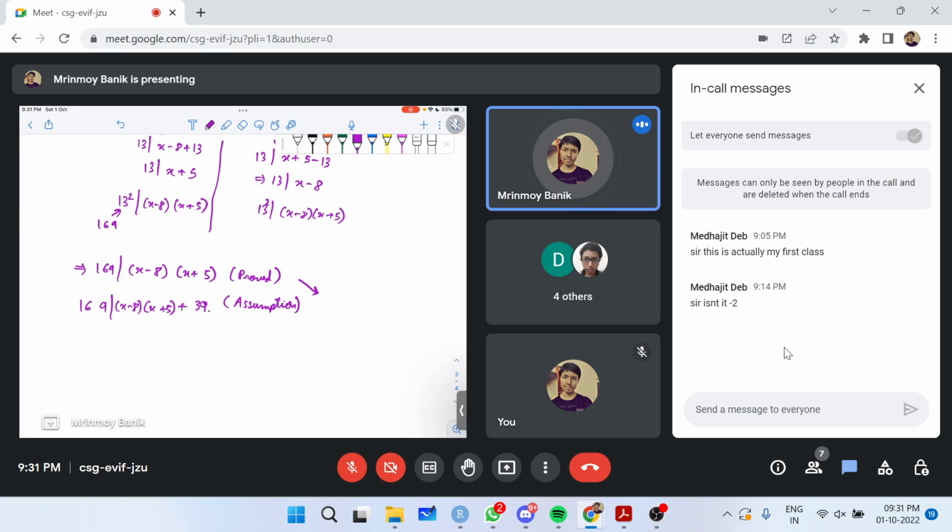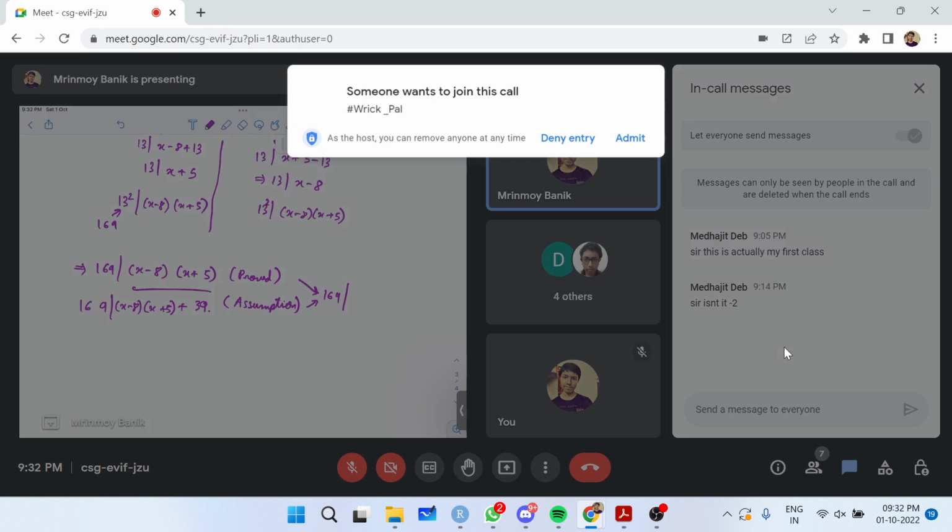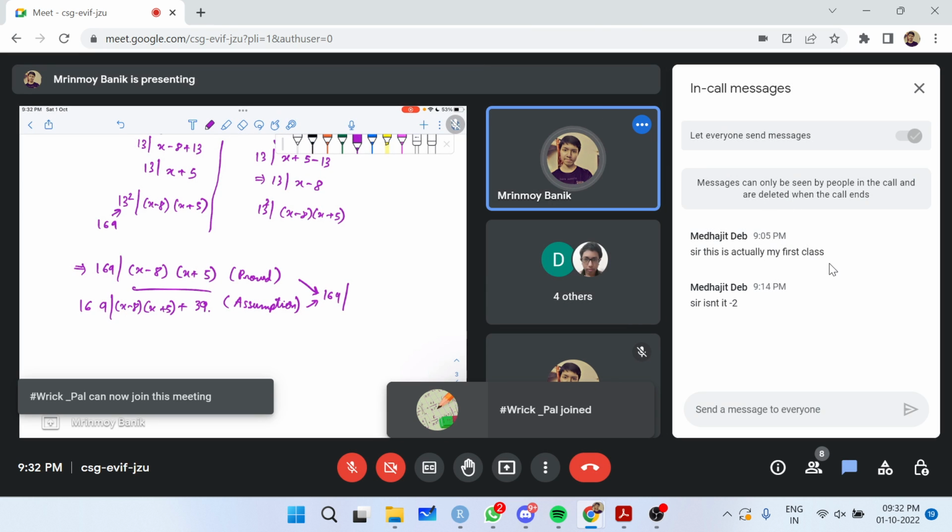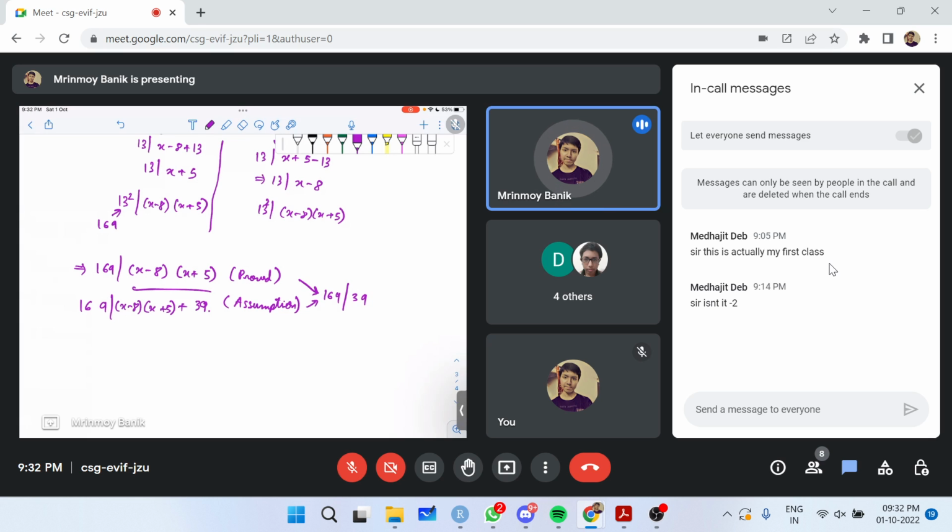So now from these two statements, we can subtract the first one from the second one, from that subtraction property of divisibility. So that means 169 divides the difference, so that is 39.